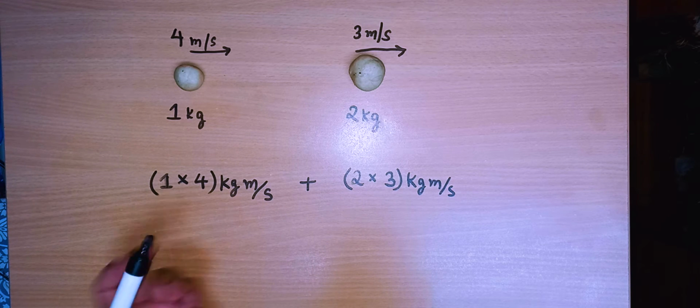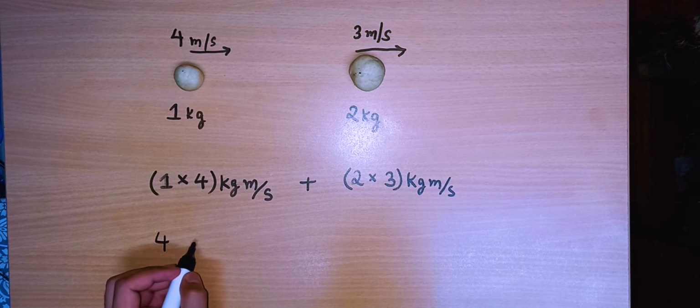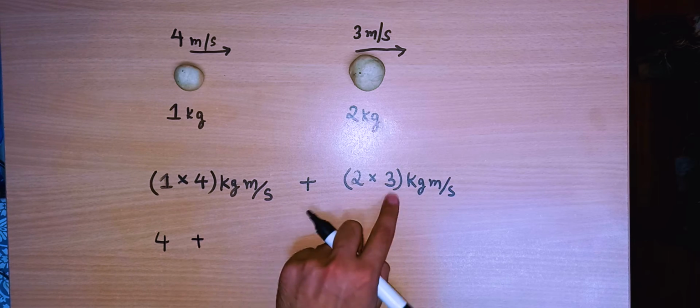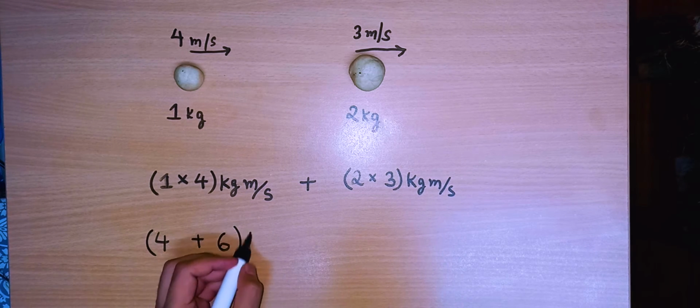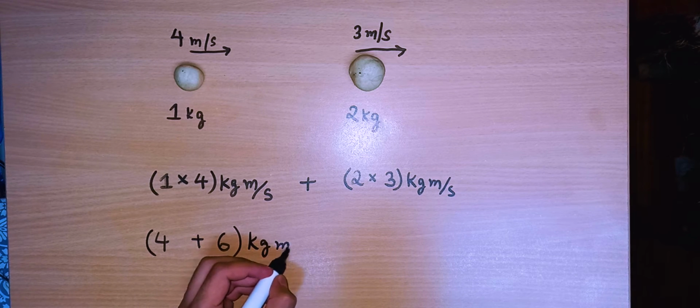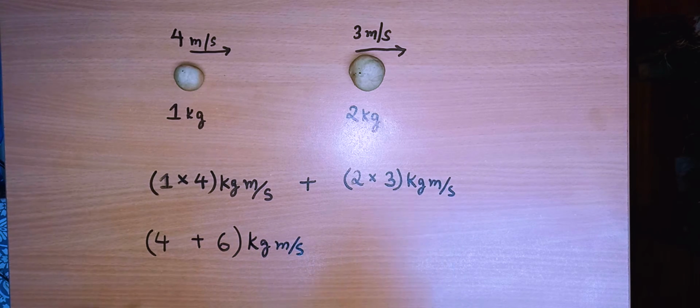So 1 into 4 is 4, plus 2 into 3 is 6, which gives 10 kg meter per second. So before the collision, the total momentum is 10 kg meter per second.